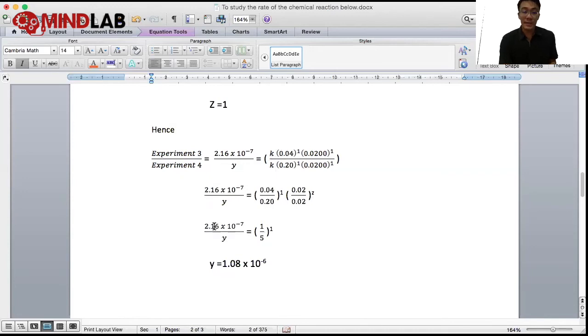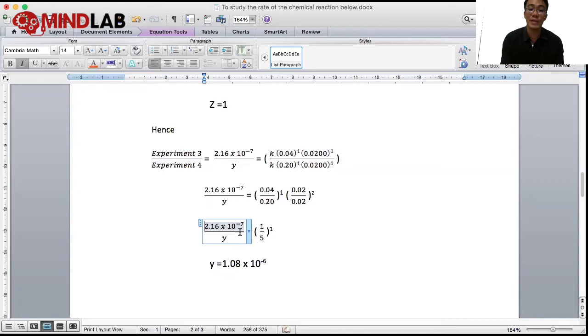I chose experiments 3 and 4 because the concentration of NO2 minus is the same, just to ensure easy elimination, because 0.02 over 0.02 is equal to 1. So all that is left is 0.04 over 0.2, which is 1 over 5. So 2.16 times 10 to the power of minus 7 over y.